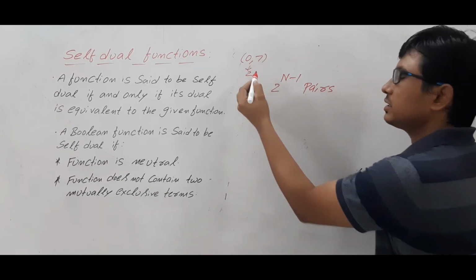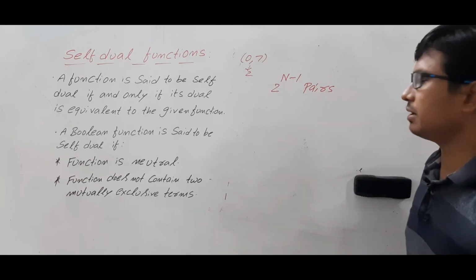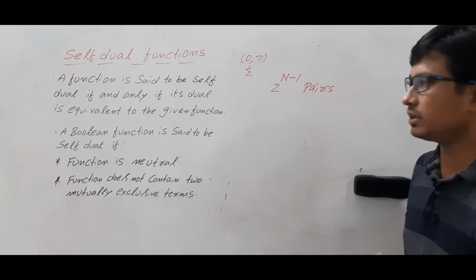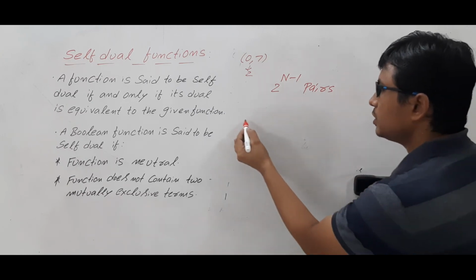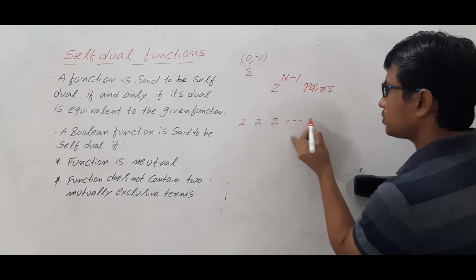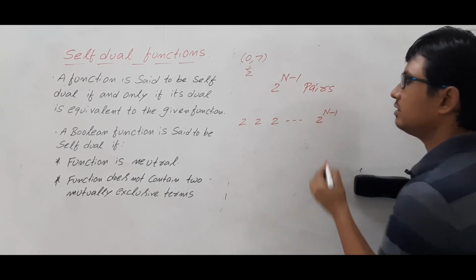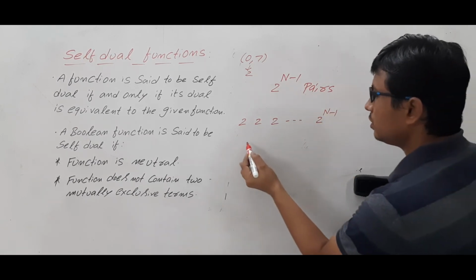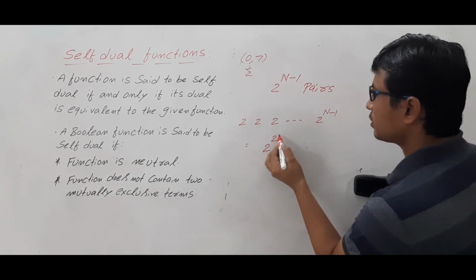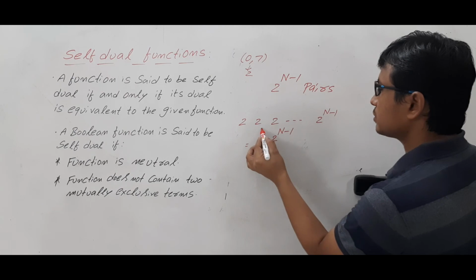Two possibilities are there. Either 0 can come or 7 can come. So in each pair, 2 values are there. So any of them can come. So 2, 2, 2, 2, so on 2 power n minus 1 will be there.